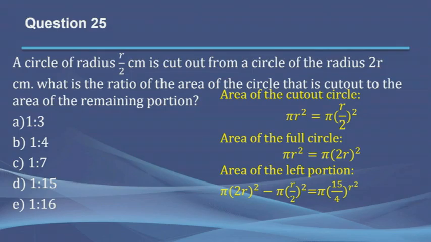Now we have obtained the area of the left portion also. We have the area of the cutout circle as well as the area of the left portion. What is left is to get the ratio of these two, the cutout circle and the left portion, which will be equal to 1 to 15. So our answer will be D.